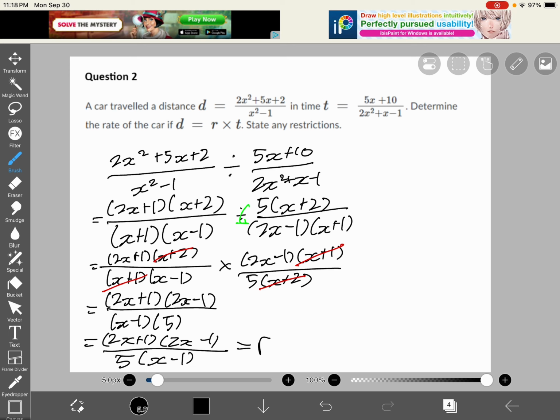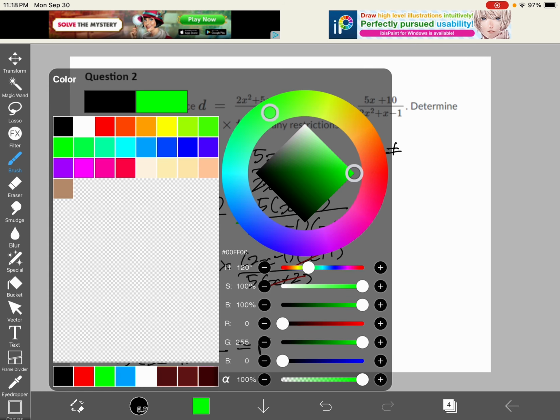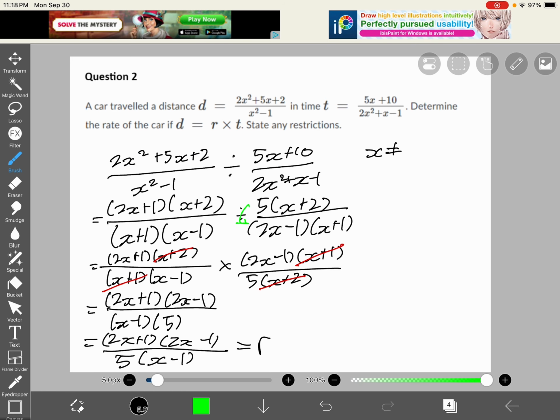Okay, now we gotta find the restrictions, so let's look for them. We can look for the restrictions in this equation before we took out all the other stuff.